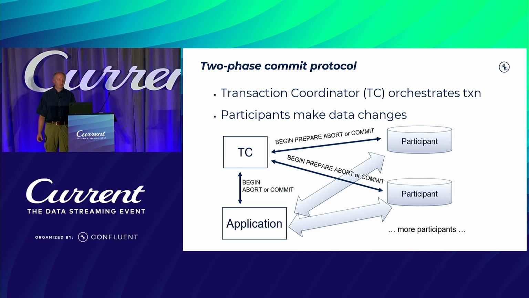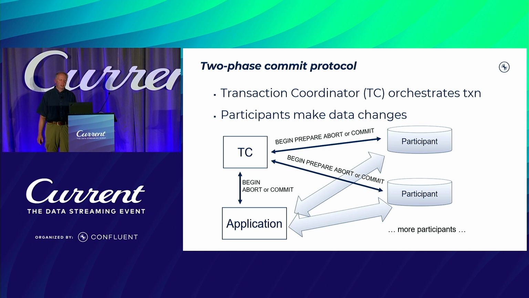If an application wants to commit data to multiple participants, instead of committing individual transactions into each participant, which would have the problem of non-atomic, broken transactions, it would write data to the participants, but it would send a commit message to the transaction coordinator, which would first run a prepare phase.